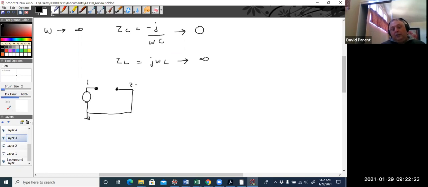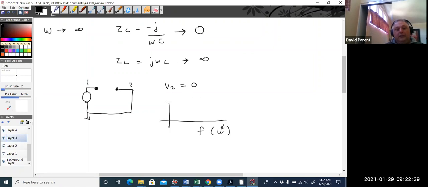Right, and basically node 2 is tied to ground, so V2 goes towards 0. And we can see if I plot frequency, omega in this case, we start off somewhere here, and then we end up at 0.